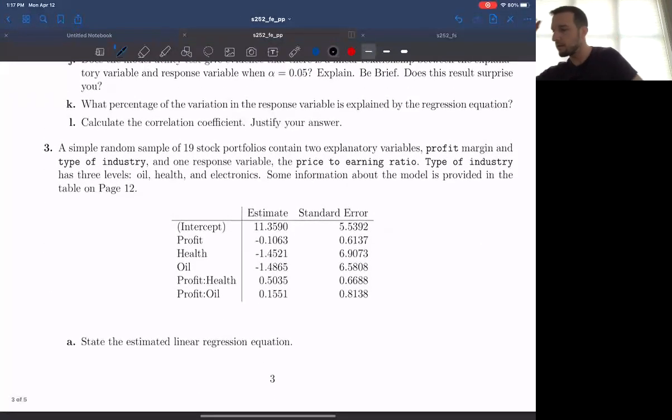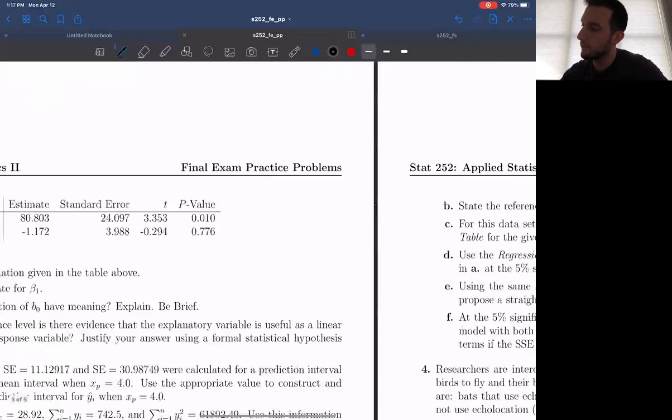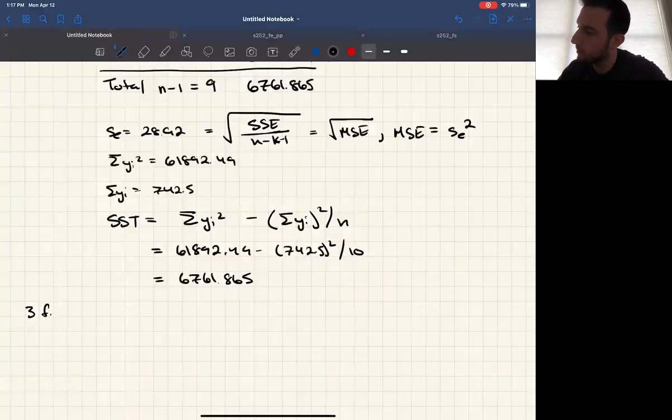Okay, question 3. A simple random sample of 19 stock portfolios contains 2 explanatory variables, profit and type of industry, and 1 response, price to earning ratio. We have some information. Okay, so let's just start off by writing down the model that we have so that we know what we're working with here. So this is again a regression problem, but it's a multiple linear regression problem.